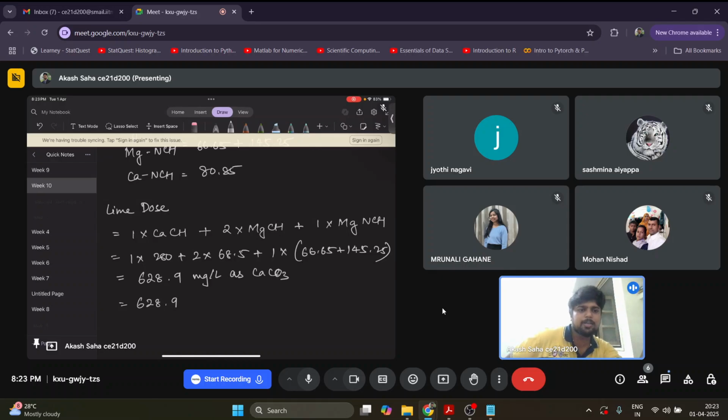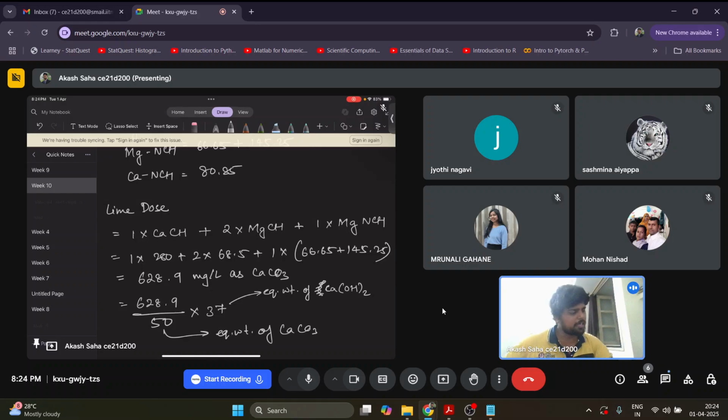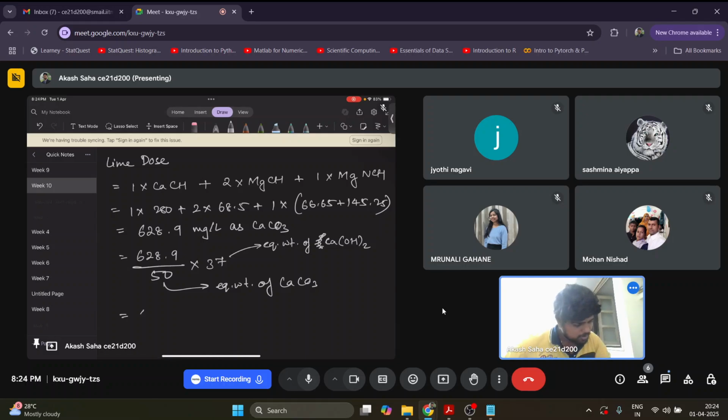But now we will do it in reverse. We divide by 50 and multiply by the equivalent weight of lime, which is 37, the equivalent weight of Ca(OH)2. Just reverse it. So we will get 465.38 milligram per liter as Ca(OH)2.